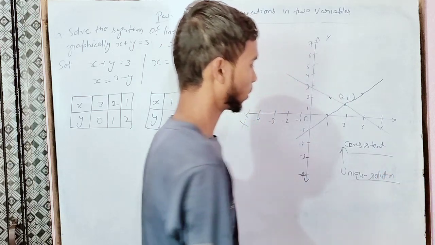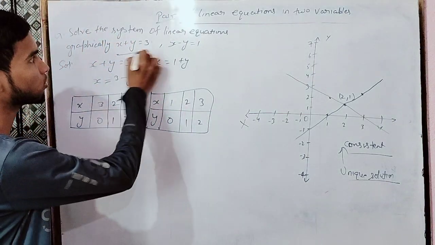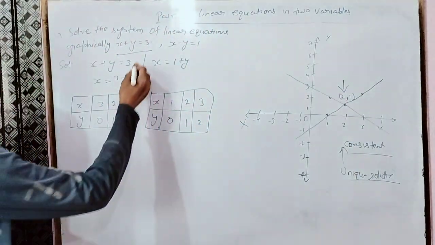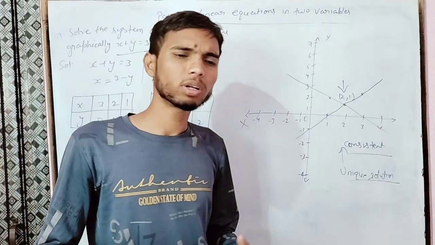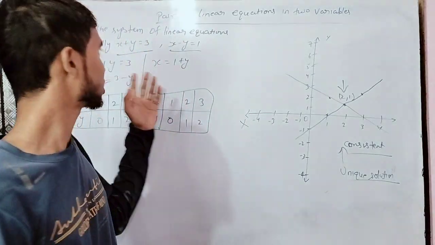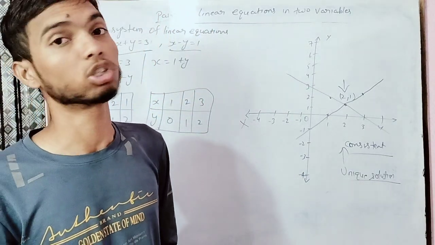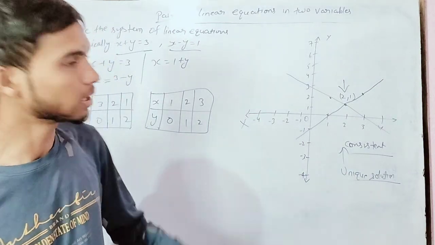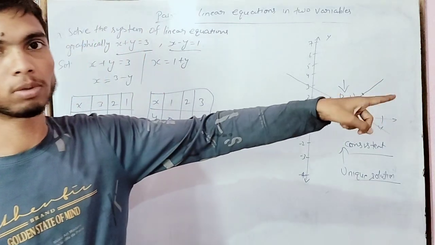So from this pair of linear equations, understand carefully. Whatever you want, find 10 solutions for both linear equations. Then still you will get this 2 comma 1.